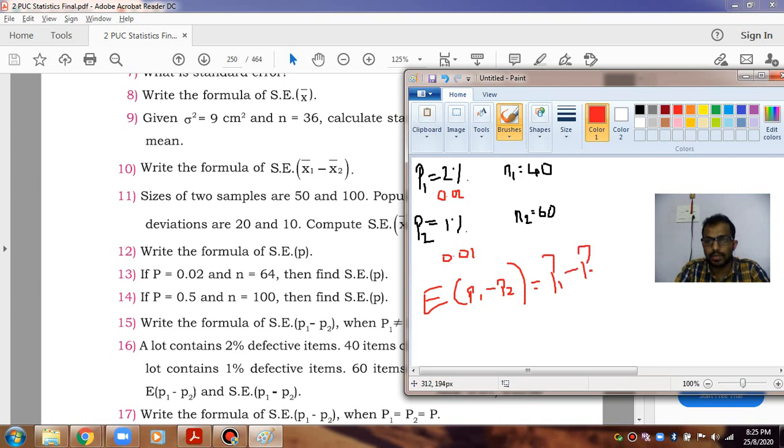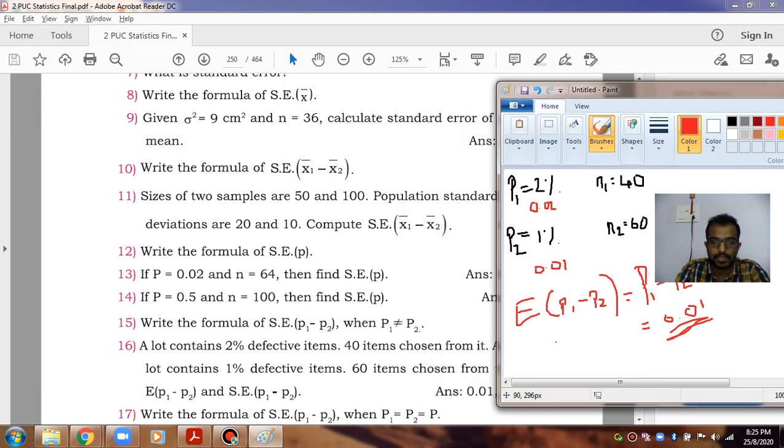Can you tell me the answer, students? 0.01, sir. Such a simple answer. 0.02 minus 0.01 is nothing but 0.01 itself. That's the answer given here.